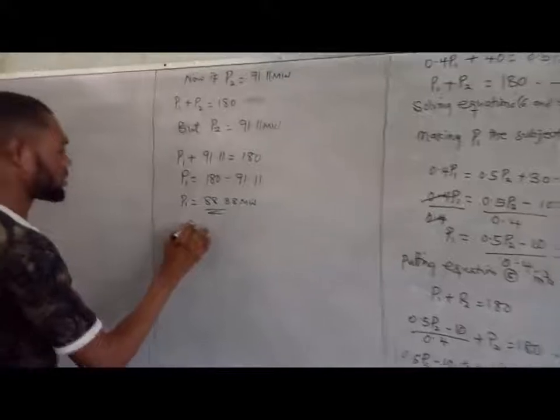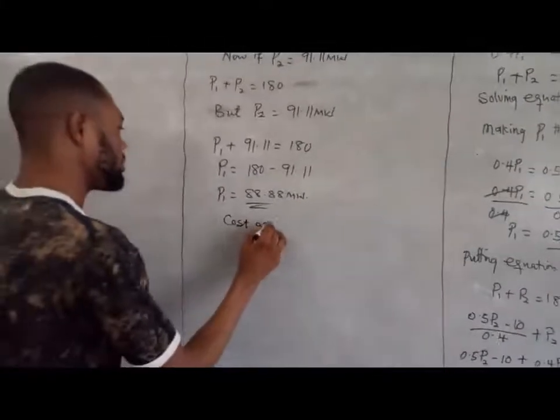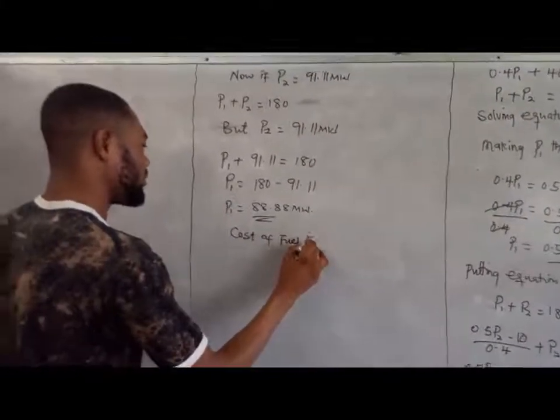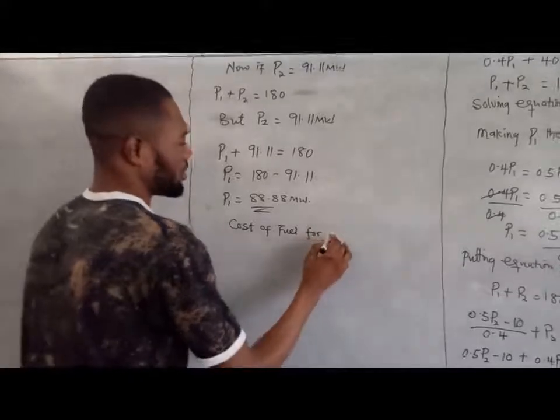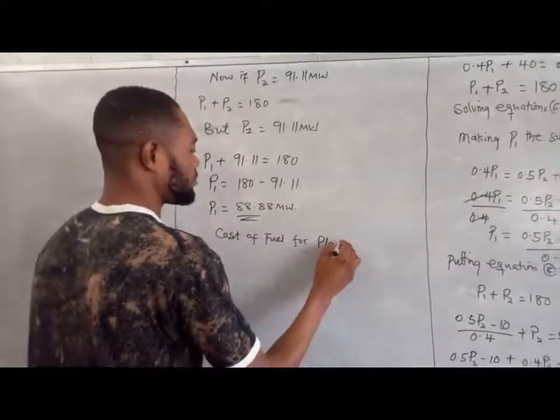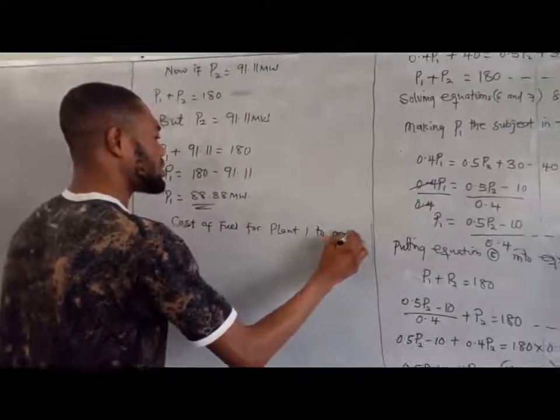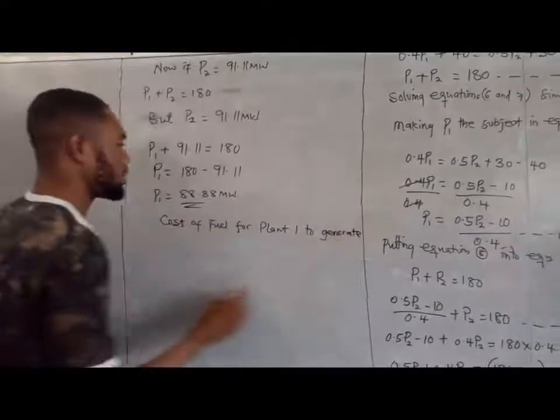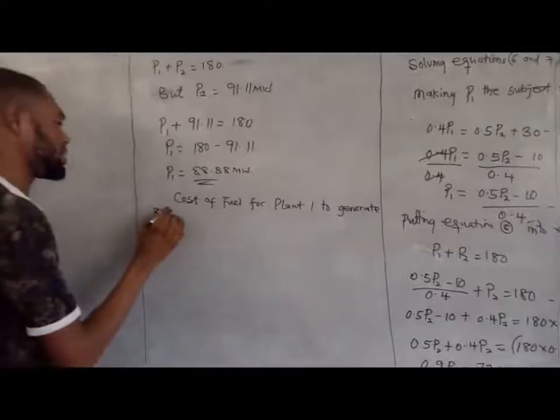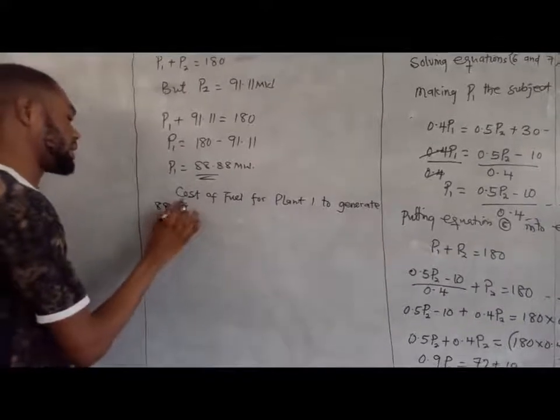So, cost of fuel for plant 1 to generate 88.88 megawatts.